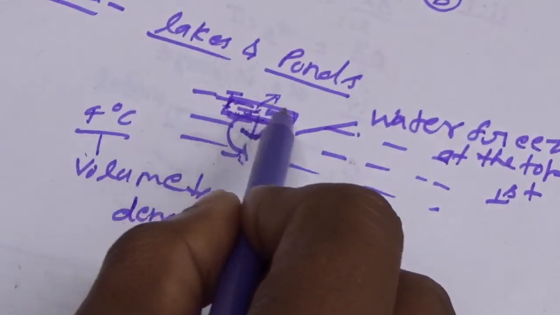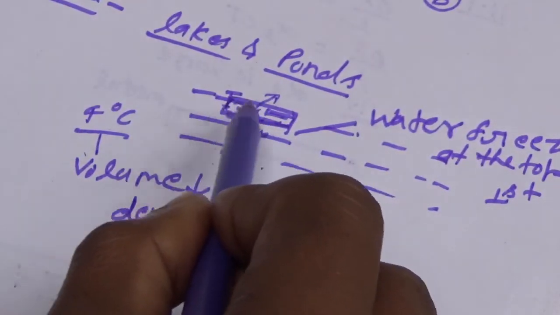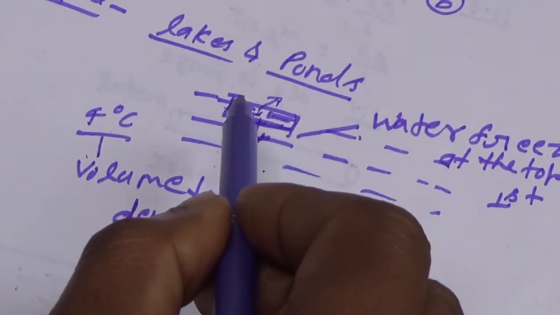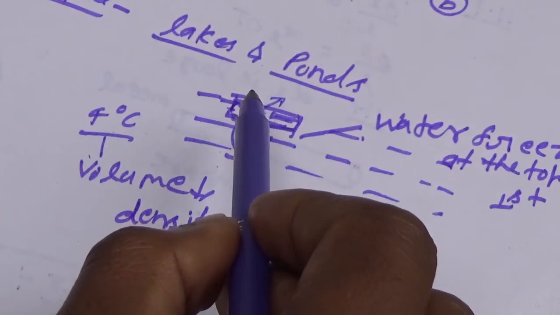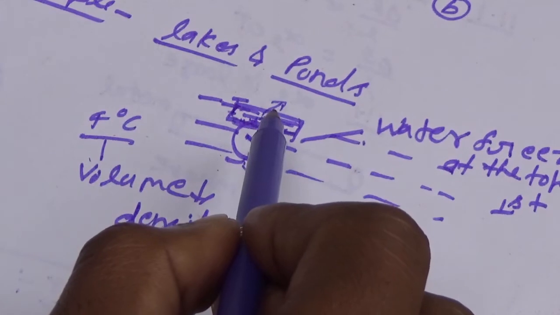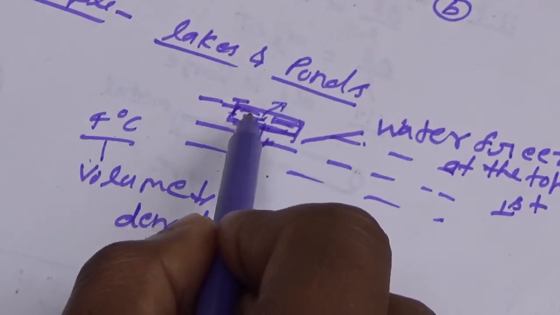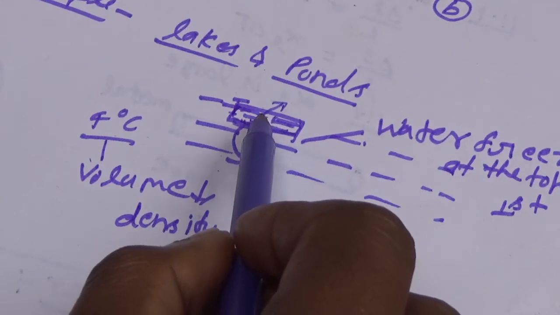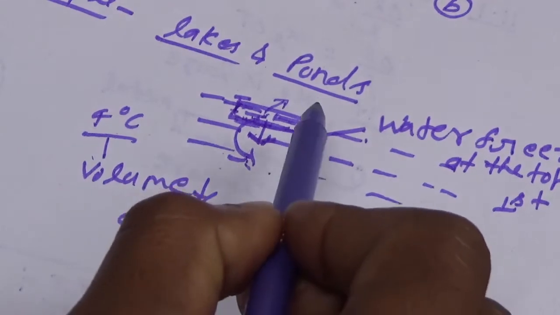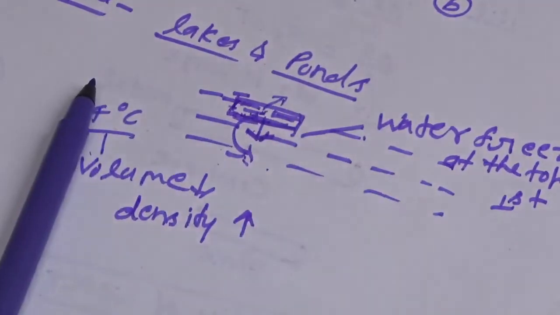So students, this phenomenon is repeated many times. Below 4 degrees Celsius, its volume decreases and density increases, and then it will go inward, and some amount of liquid from the bottom will go upward.